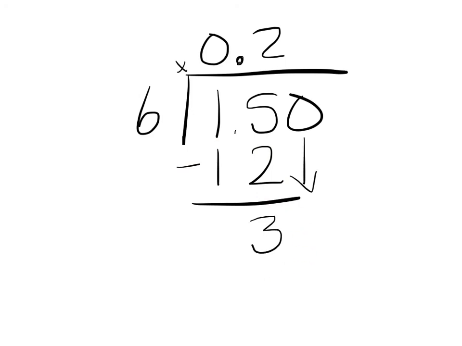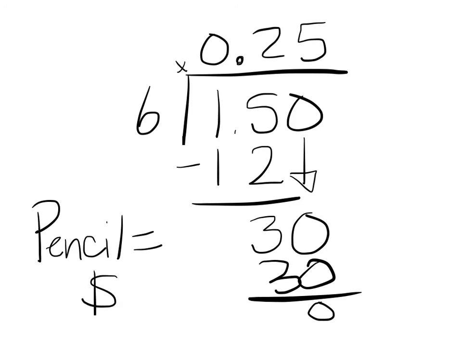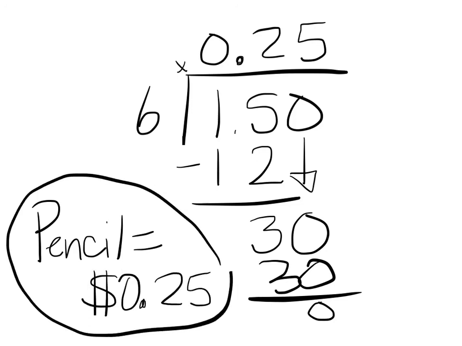I then carry down the 0. 6 goes into 30 5 times. 5 times 6 is 30. We are done. So each pencil costs 25 cents, or $0.25. And that is how you solve this problem.